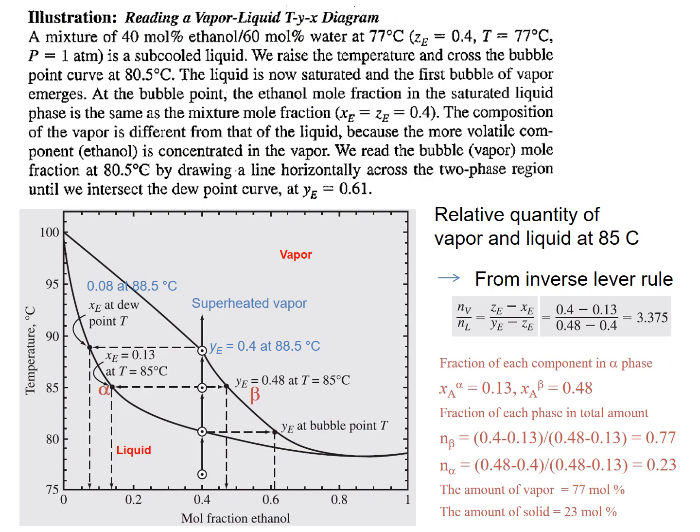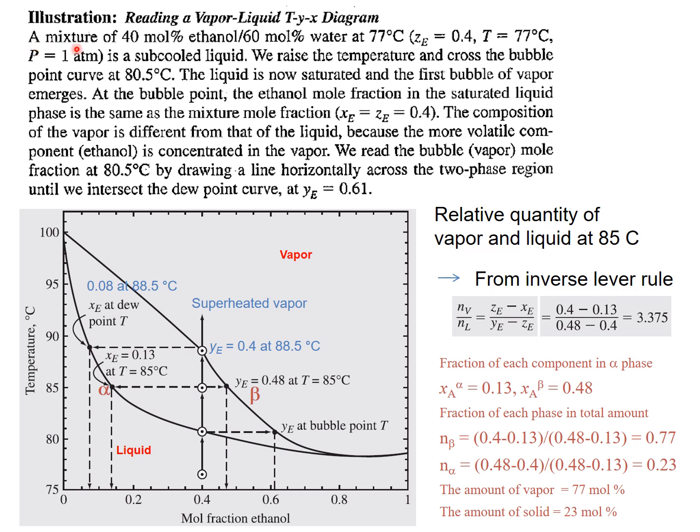Let me try to read a vapor liquid temperature composition diagram. Of course, also in this example, you will use the inverse lever rule for calculating the amount of each phase. Let me follow this illustration statement.